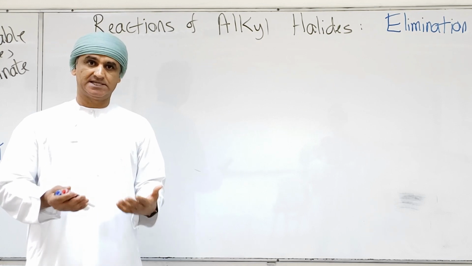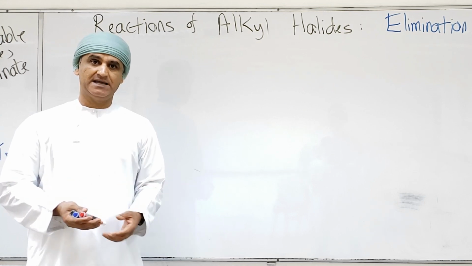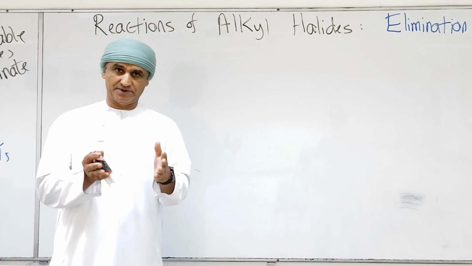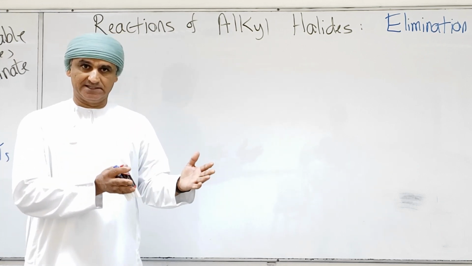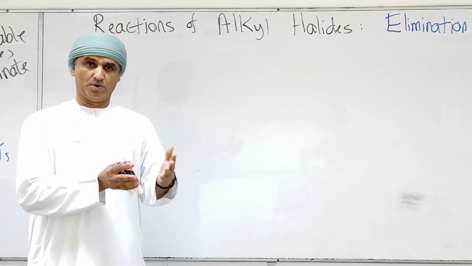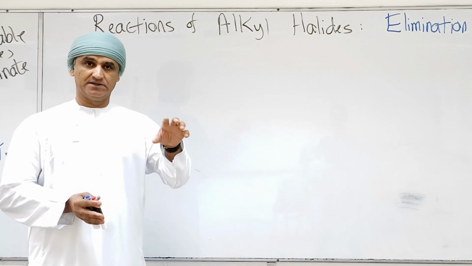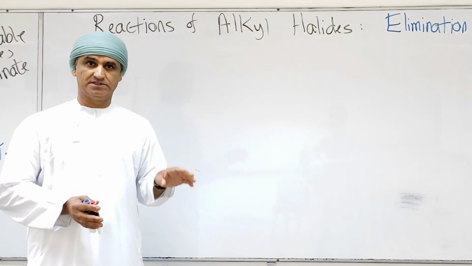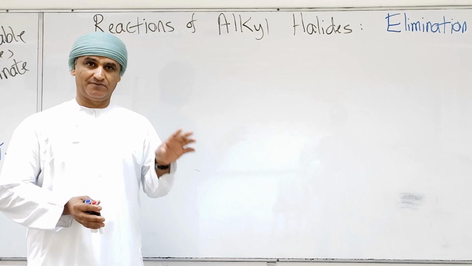So E2 is second order elimination or bimolecular elimination, which means that both reactants, the base and the alkyl halide or the substrate that has a leaving group, are important, and the rate of the reaction depends on the concentration of both.